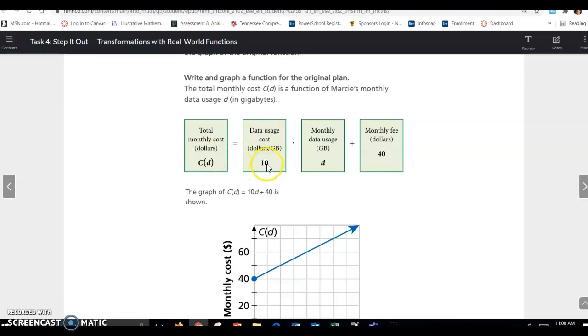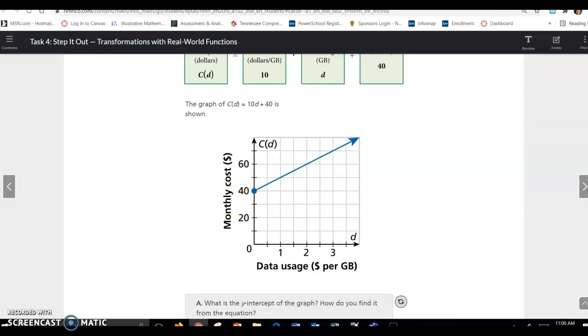So $10 per gigabyte times however many gigabytes you use. So D just represents the number of gigabytes you use, plus your monthly fee of $40. So C of D equals 10D plus 40, and that's shown in the graph below.